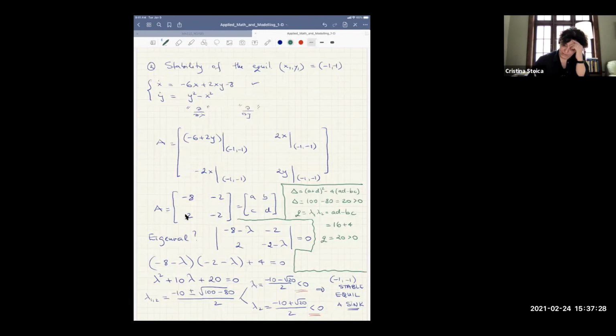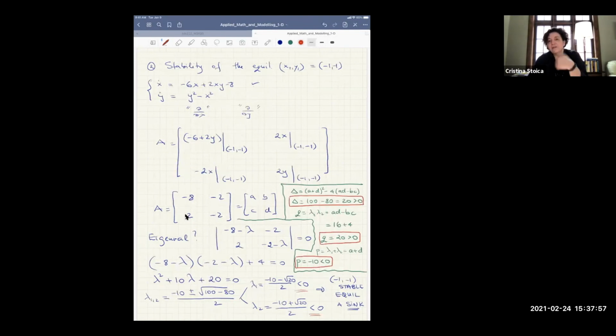And then P, which in my mind is lambda 1 plus lambda 2, was A plus D. So in this case, P is minus 10, so it is negative. So I have these quantities with these particular signs: delta positive, Q positive, P negative.